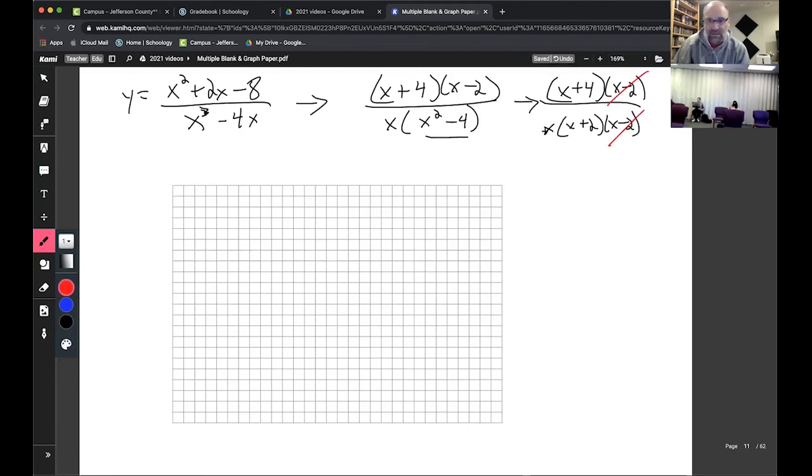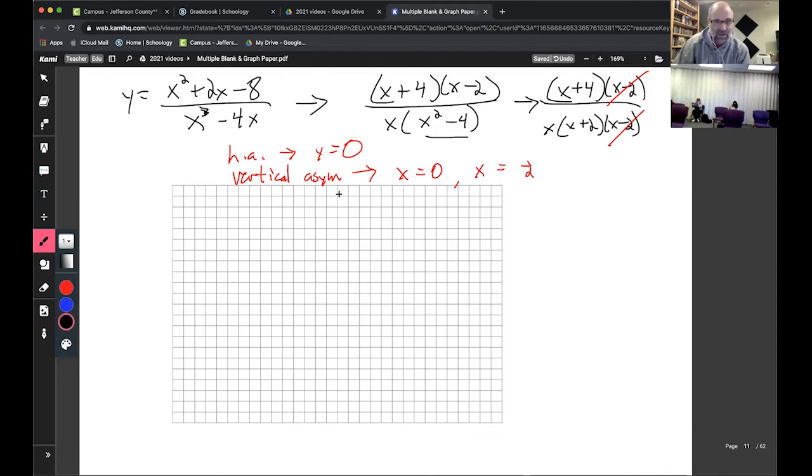All right. So these x minus 2's cancel. That's nice. But before we determine too much, look, the degree of the denominator is greater than the degree of the numerator. So that means my HA is y equals 0 again. And then my vertical asymptote is a little different. The things that didn't cancel are x equals 0 and x equals -2.